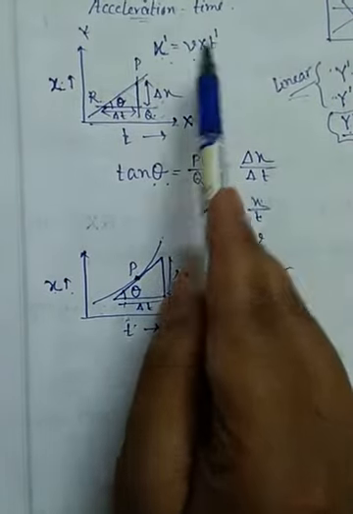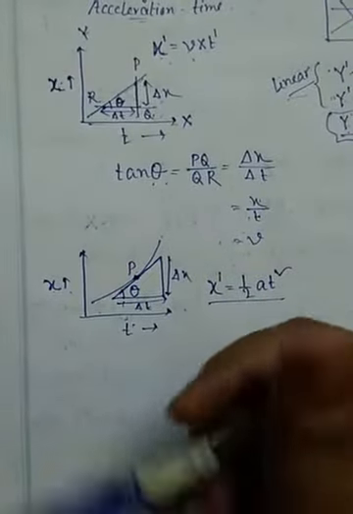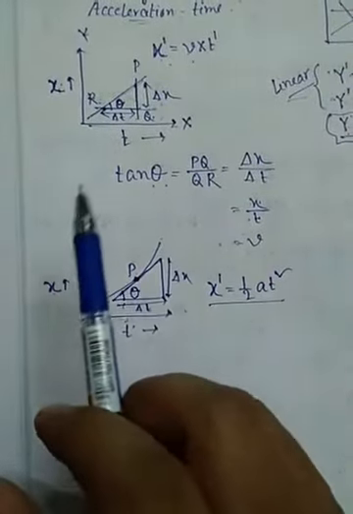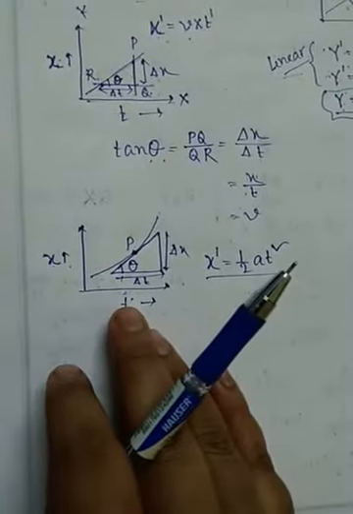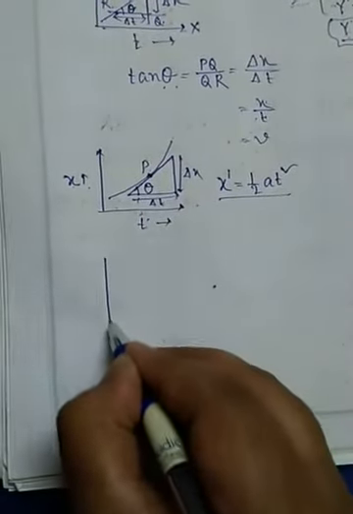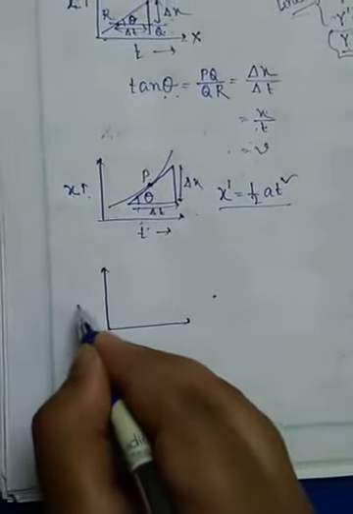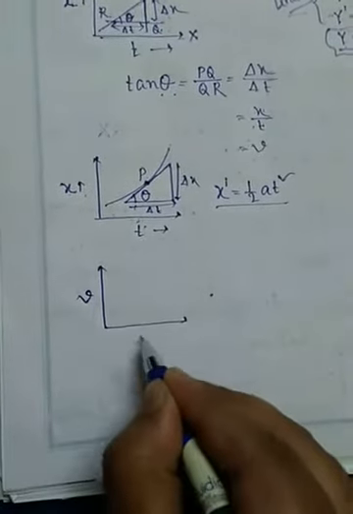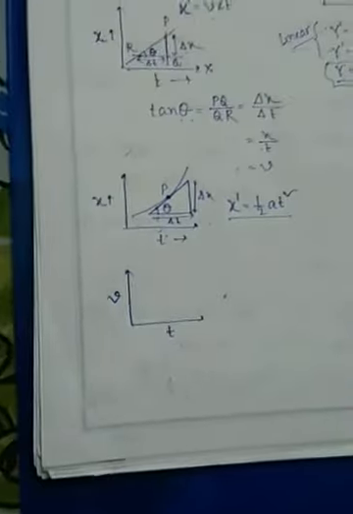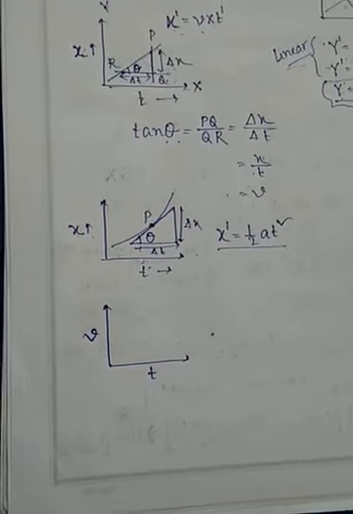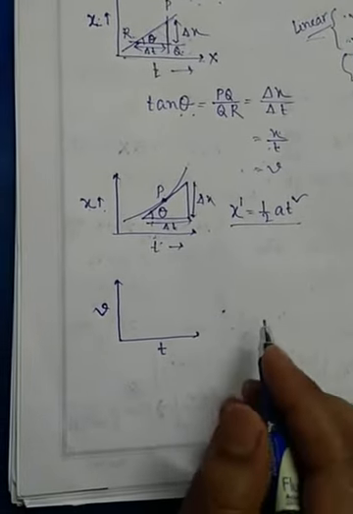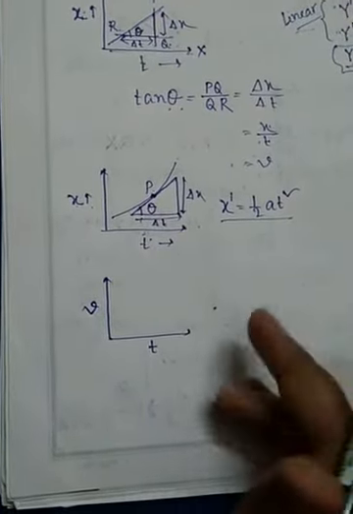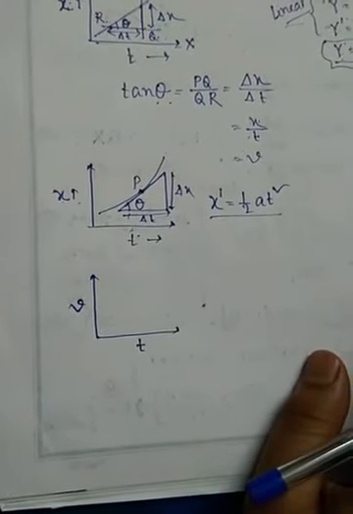Okay, so let's talk about the velocity time graph in this case. How can we represent it? Just look at this. I shall plot a velocity and time graph. Suppose a particle is moving with a constant velocity.